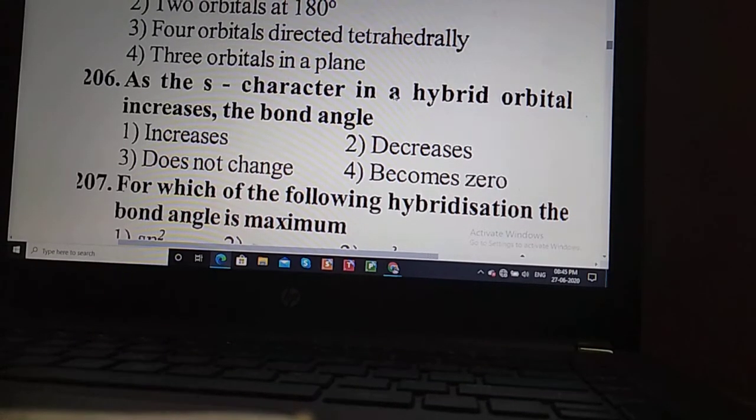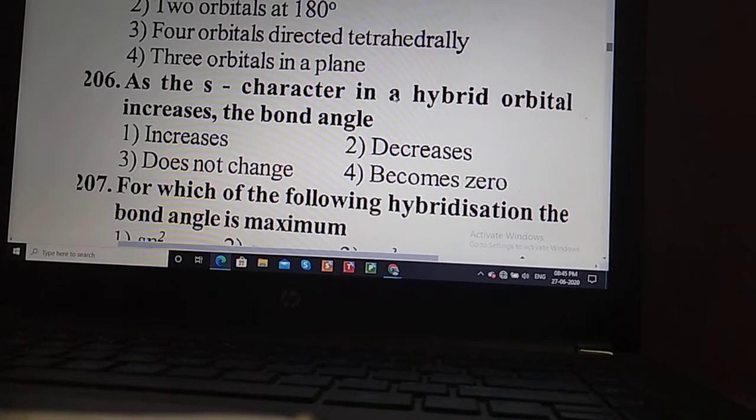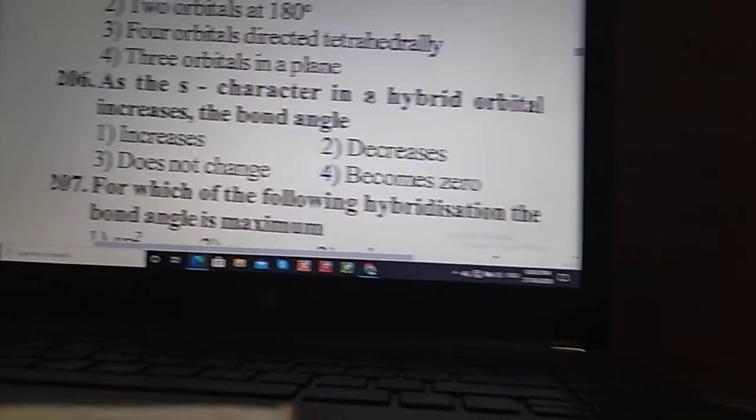Dear student, s character is proportional to what? Bond angle. S character is proportional to bond angle. Now check with the options in 206 how we can understand this. S character is there, bond angle is there.